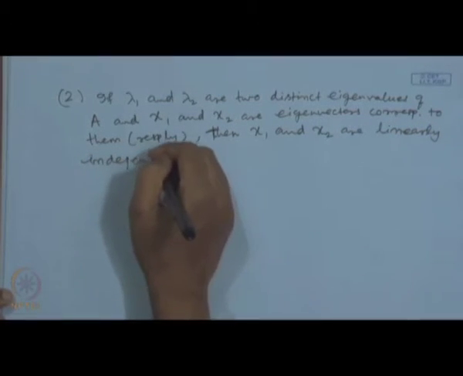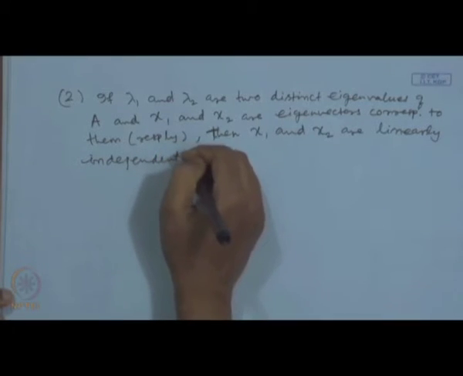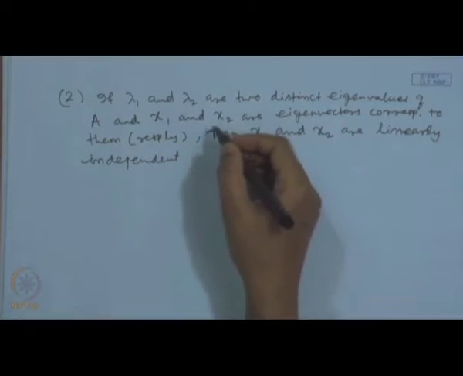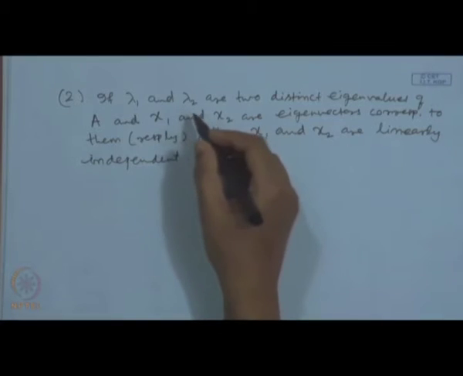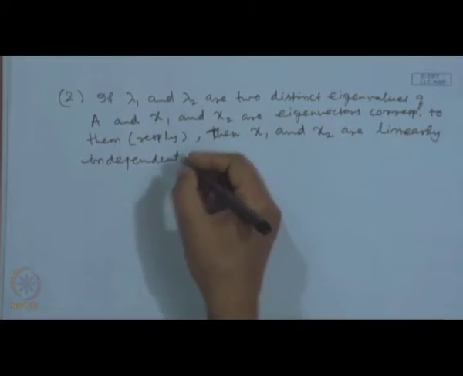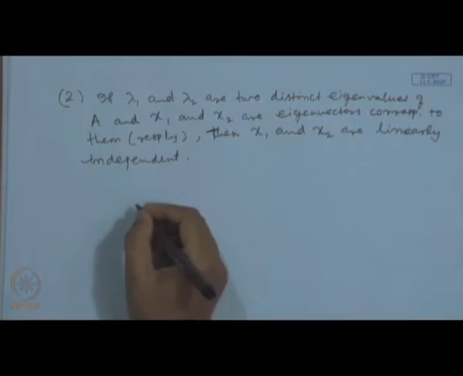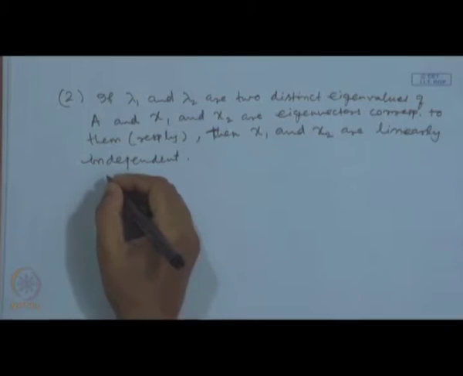That is, eigenvectors corresponding to distinct eigenvalues are linearly independent. One can prove this easily.